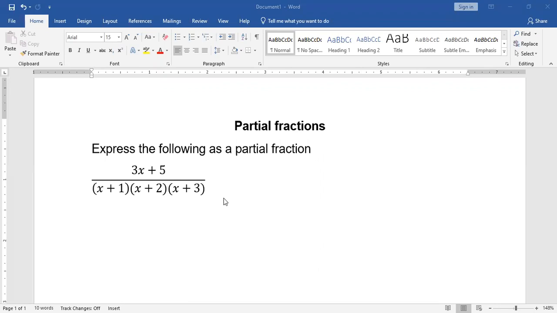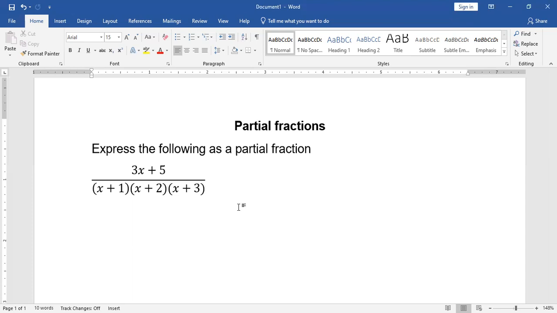We have 3x plus 5 over open brackets x plus 1 close brackets, open brackets x plus 2 close brackets, open brackets x plus 3 close brackets.